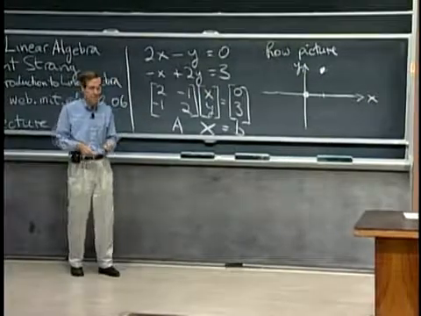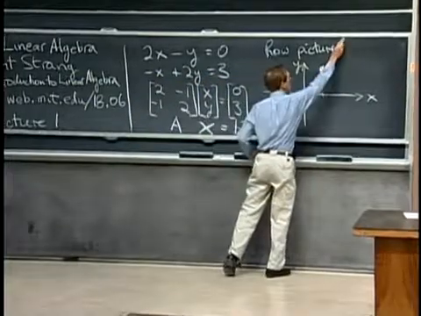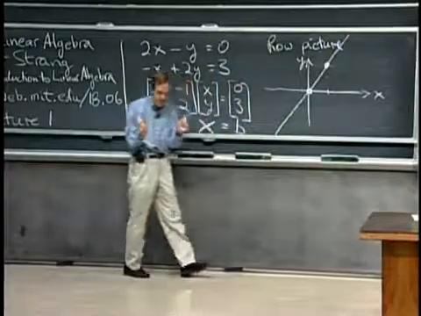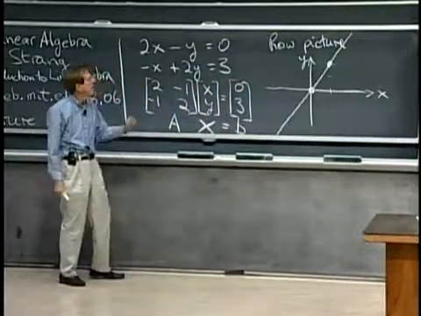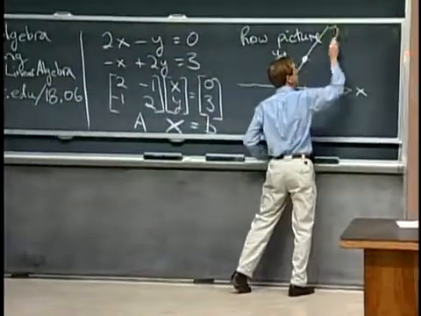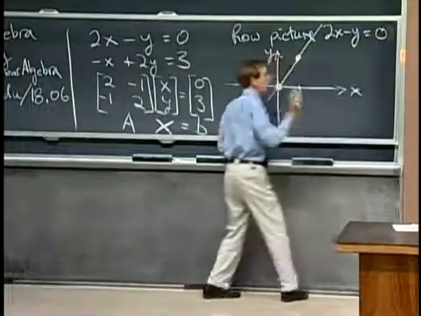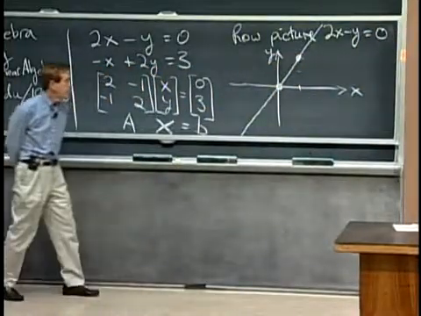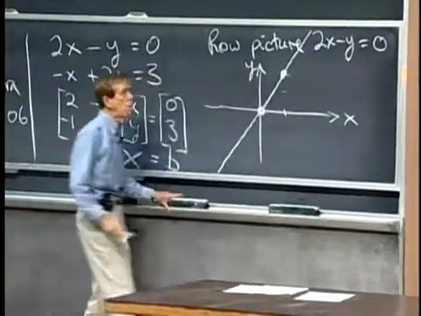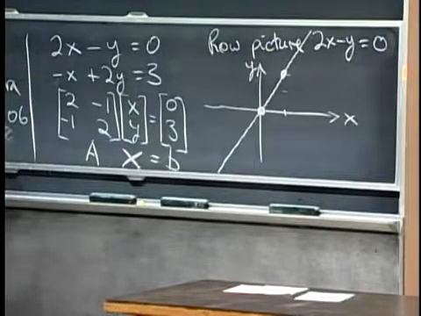But let me put in all the points at once, because they all lie on a straight line. This is a linear equation, and that word linear has the letters for line in it. This is the line of solutions to 2x minus y equals 0, my first row, first equation. So typically maybe x equal a half, y equal 1 will work. And sure enough, it does. Okay, that's the first one.